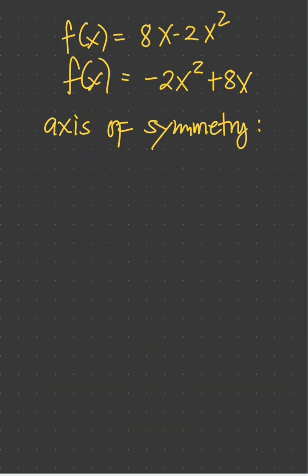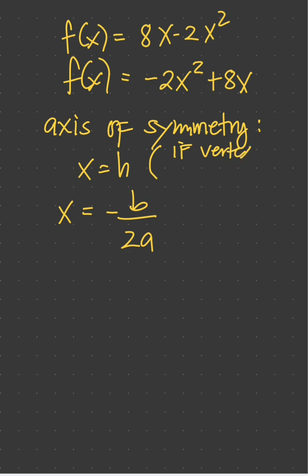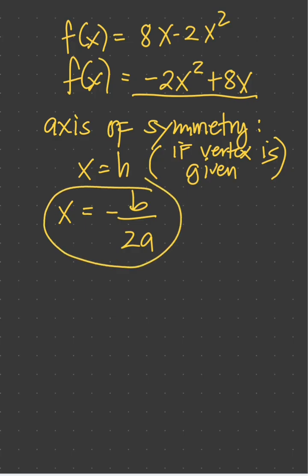If you're given the vertex, then x is equal to h, the vertex form. But in this case, we're not given the vertex. So the axis of symmetry is x equals negative b over 2a. If the equation isn't in vertex form, but in the standard form, then you use this equation for the axis of symmetry.